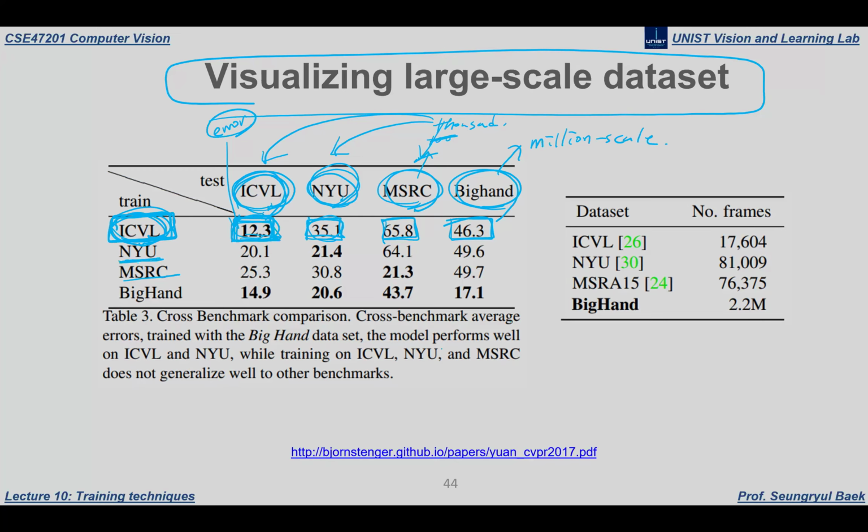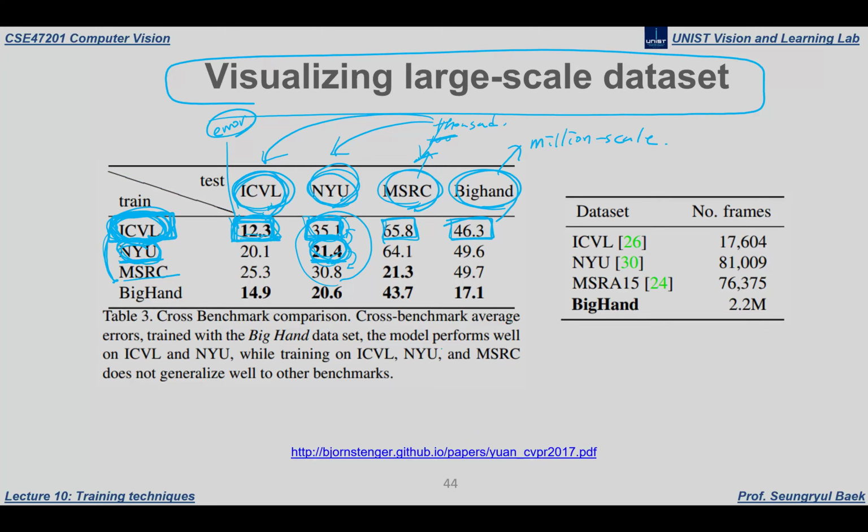NYU and MSRC are similar. When training on them and testing on them, the accuracy is good compared to other small scale training data. This row is trained on another small scale benchmark and tested on NYU, and this is training on NYU and testing on NYU. Compared to other small scale training data, when trained on their original training split, their error is minimized.